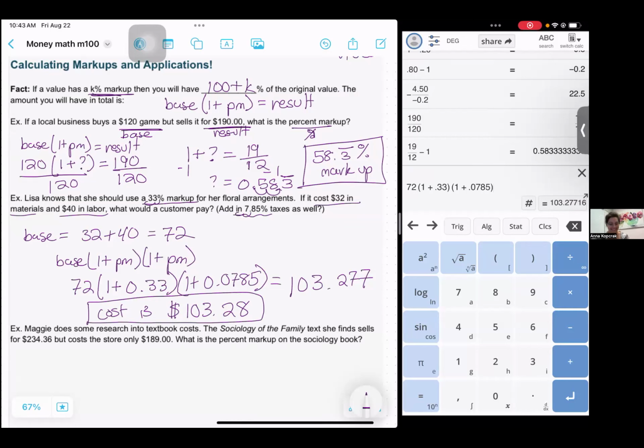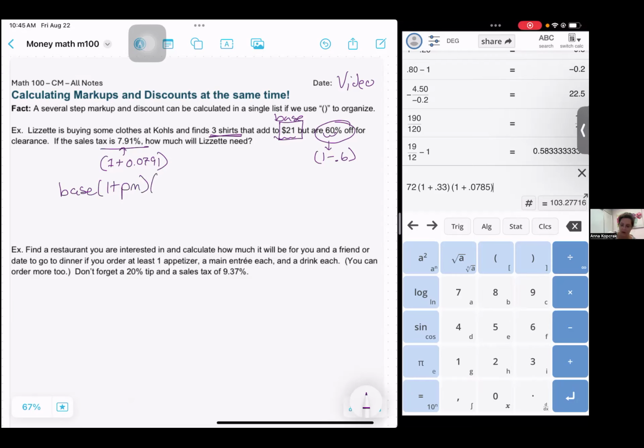That's going to be our base. So again, we are going to start with our base. We're going to do a markup and a discount. It does not matter which one you do first at all. Equals a result. Because multiplication, you can multiply in any order we want.